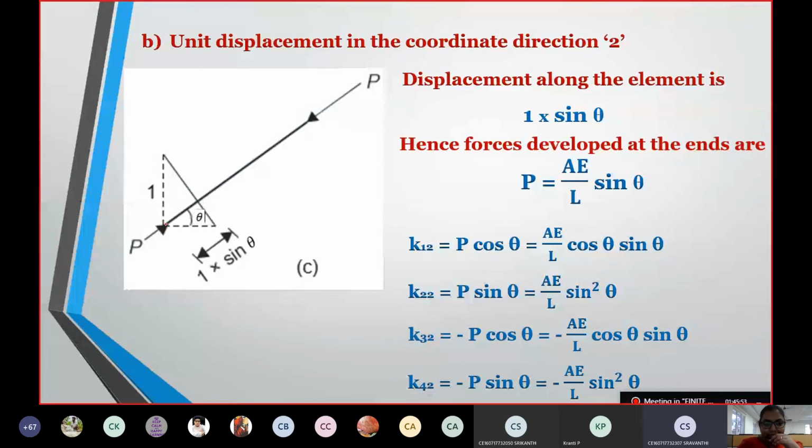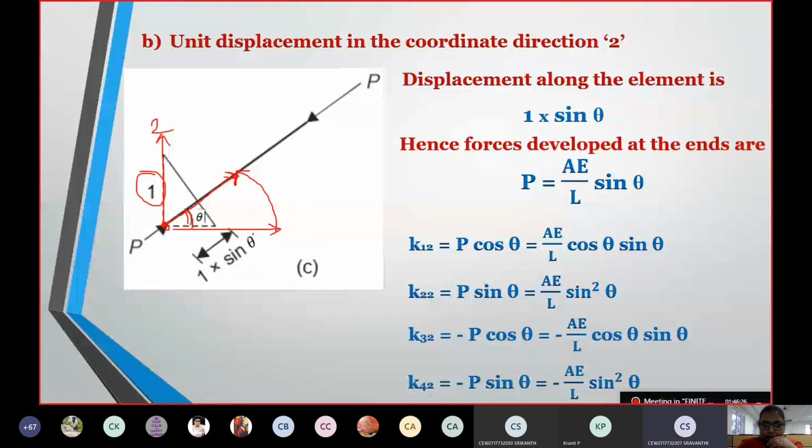No. Look at this. We are giving for this coordinate. In this coordinate, the direction is in this direction and in this direction. Now, I am giving unit displacement along this direction. Now, when I take the inclination, when I turn, what is happening? When I turn one direction into the element, that is favorable to the displacement what I want.